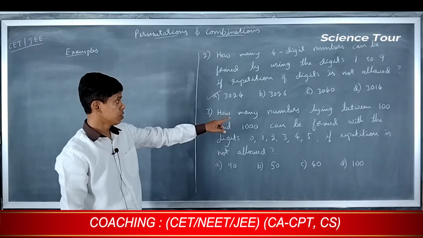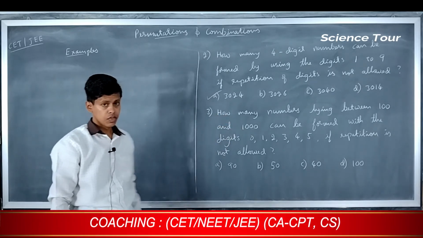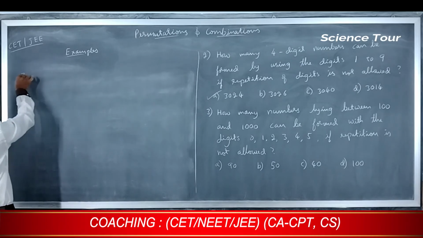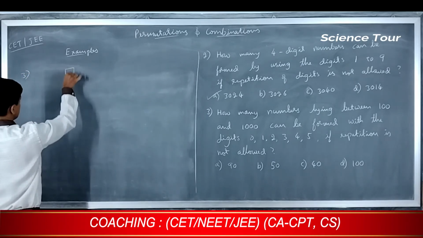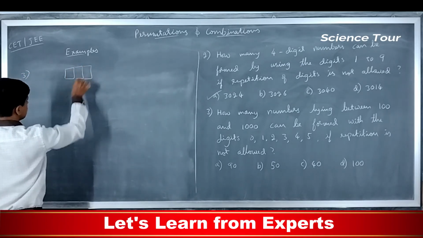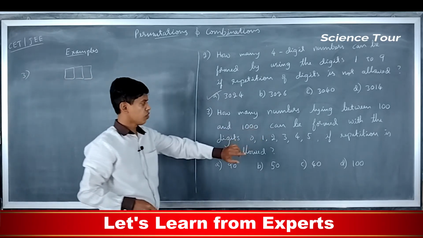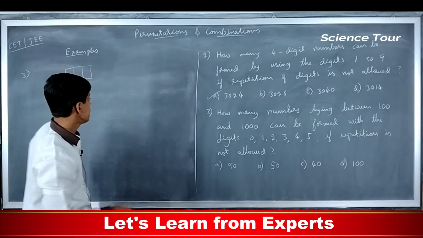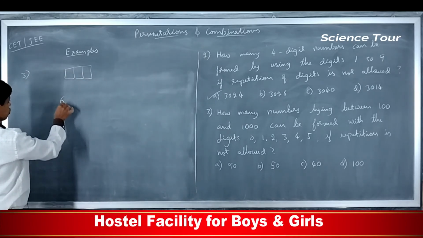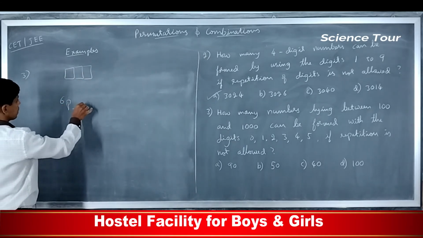How many numbers lying between 100 and 1000? That means you need a 3-digit number. Now you have 0, 1, 2, 3, 4, 5. So there are totally 6 digits. So you have to arrange those 6 digits in 3 places.